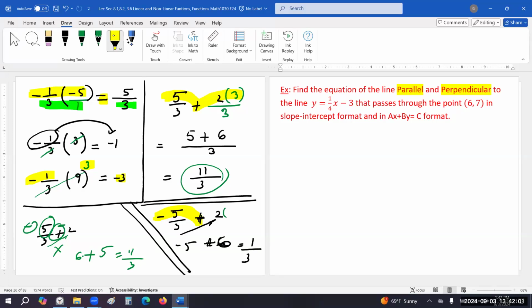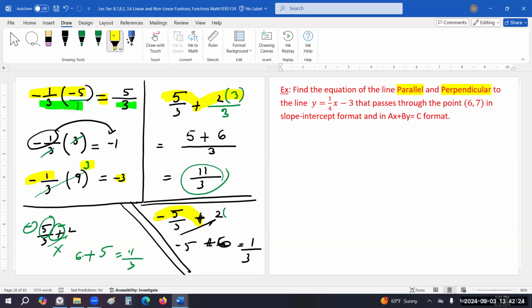The slope of this line is the slope for the parallel line. And we give you the point, 6, 7. This parallel line goes through the point 6, 7.